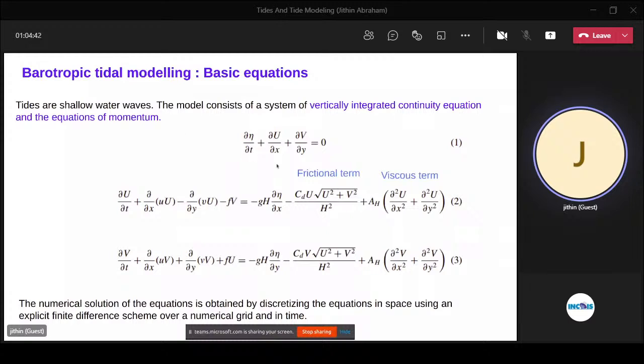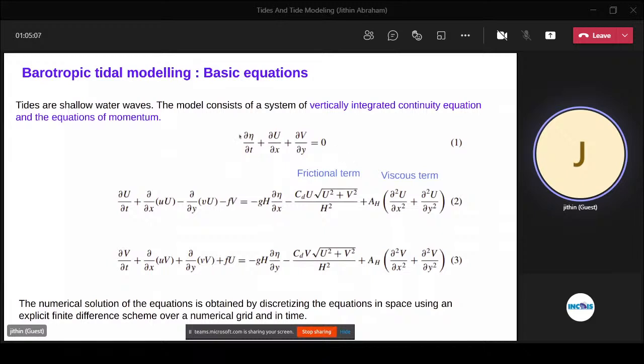Here we are considering tides as barotropic, and there is no vertical variation in currents, temperature or salinity. Using these assumptions, we can model the tidal elevation and currents reasonably well in the coastal areas and open ocean. So these are the basic equations.